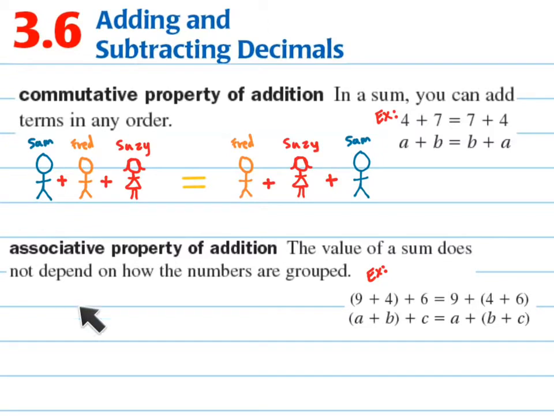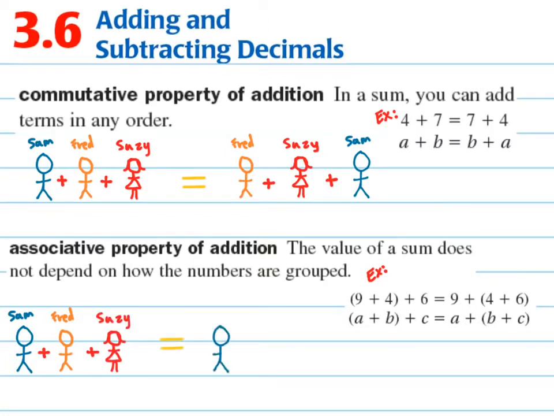Next, we're going to be talking about associative property. So let's take that same group. We have Sam, we have Fred, and we have Susie. And we're going to set it equal to them, and we're going to keep their order the same, but then we're going to group. So we're saying that Sam and Fred are going to be in the front seat. So they're grouped in the front. And so we do Sam and Fred, and then Susie's going to be in the back.